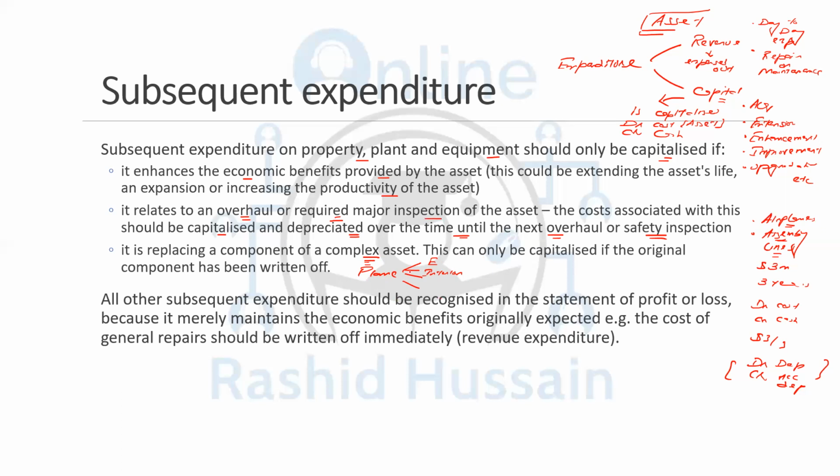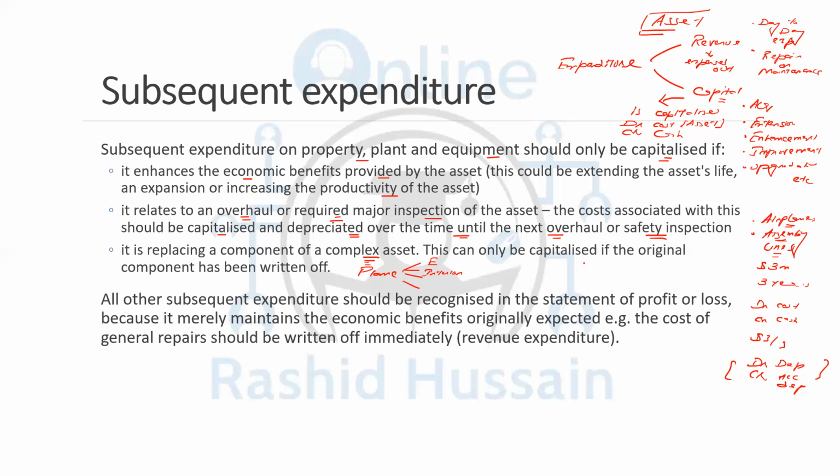So if there is a complex asset and you're replacing a component of it, for example, you have a plane, let's assume Emirates has a plane. They are taking out the existing interior and they're placing a new, advanced, modern, comfortable interior in it. Now, when you're replacing a component of the complex asset, it is also a capital expenditure.